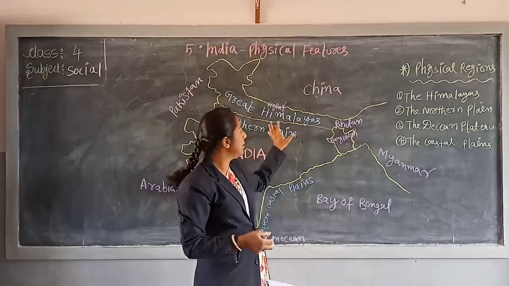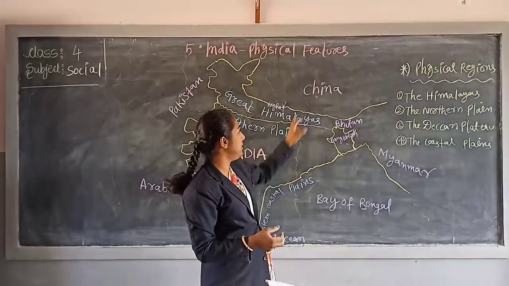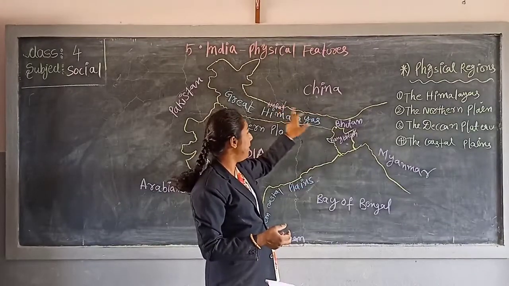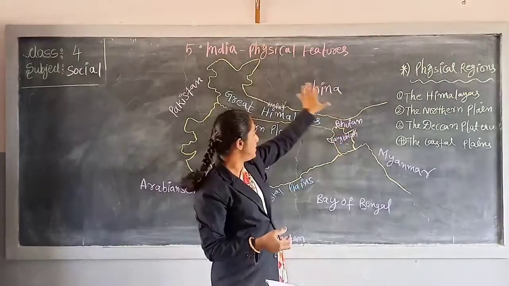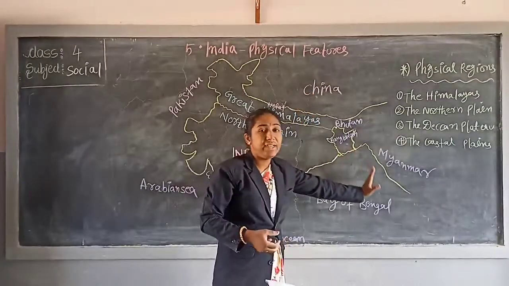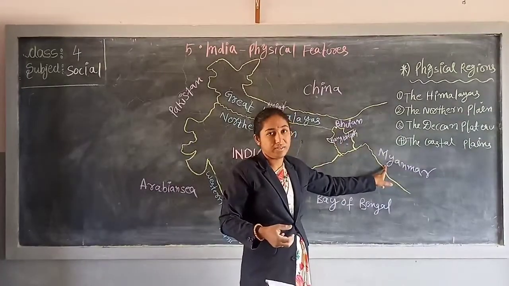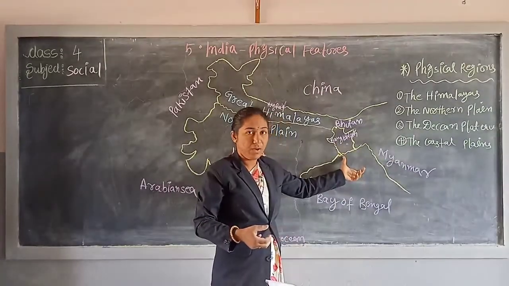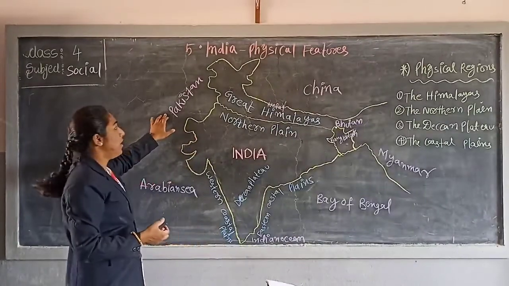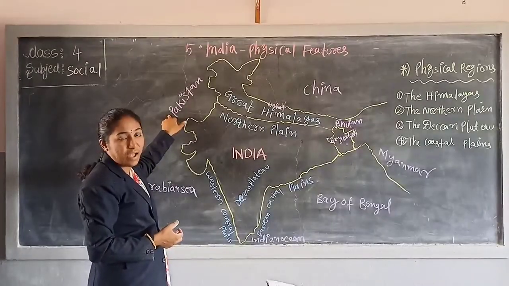Look, children, in the north direction we share a common border with China, Nepal, and Bhutan. These are the three borders in the north. Next, in the east direction, Bangladesh and Myanmar are the boundaries. Next, in the northwest direction, we share a common border with Pakistan.